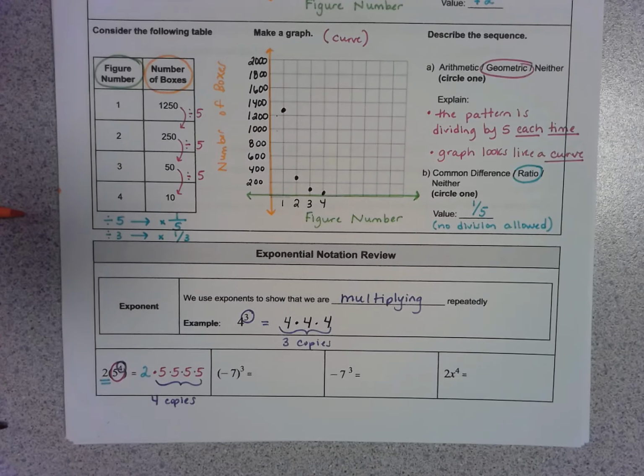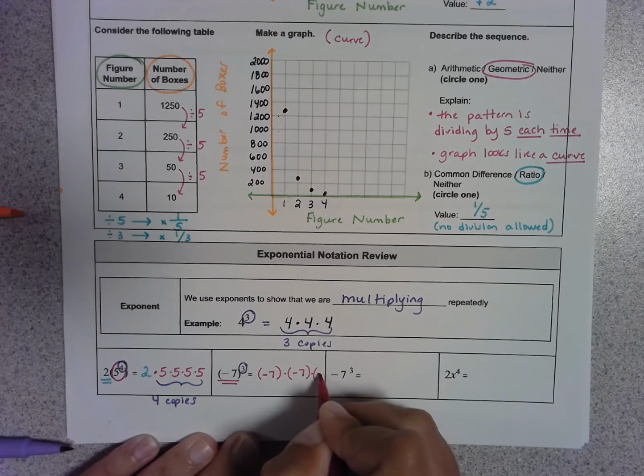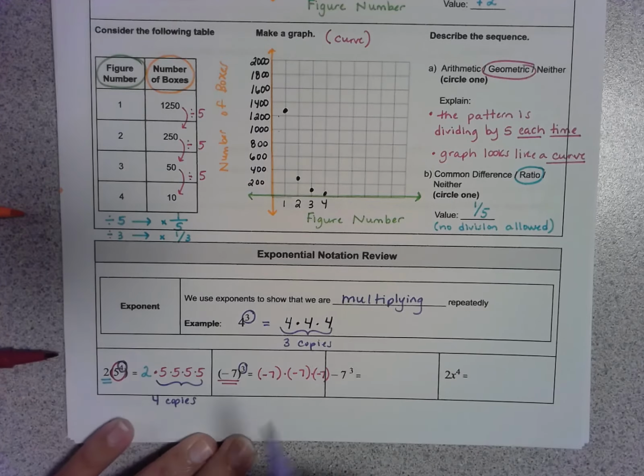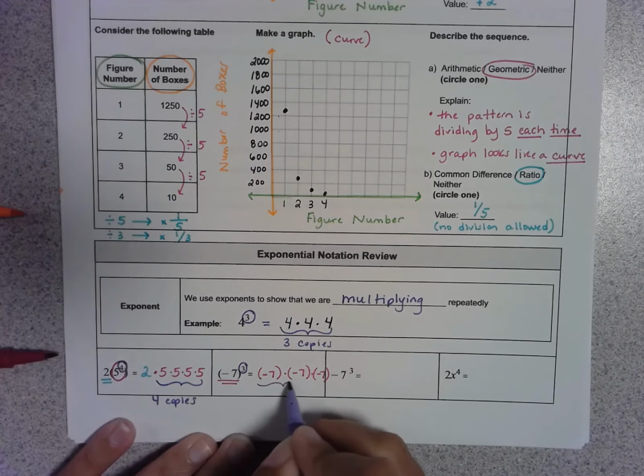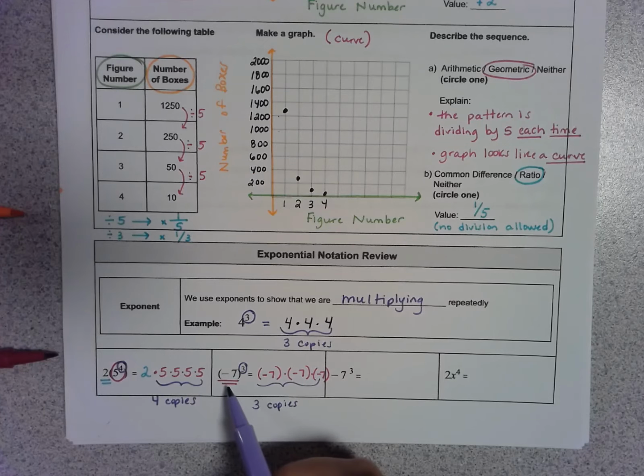In the next example, we have -7 to the third power, and you'll notice that the exponent says we want 3 copies of this whole thing, this parentheses -7. So I would literally write parentheses -7 times parentheses -7 times parentheses -7 because we want 3 copies of that in multiplication. Now here's where it's important to pay attention to the details. This problem had a parentheses, so we wrote 3 copies of this entire thing, -7.